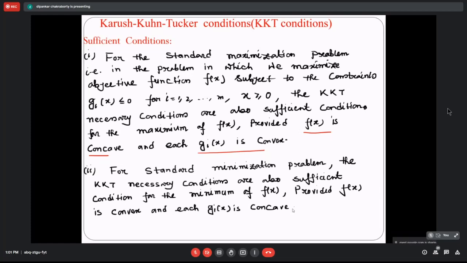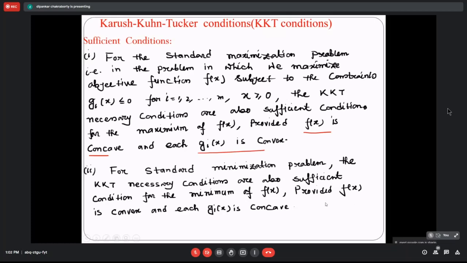And for the standard minimization problem, the objective function must be convex and each of the constraints must be concave. Let's solve a problem. I hope then you will get a better idea of what this sufficient condition is talking about.